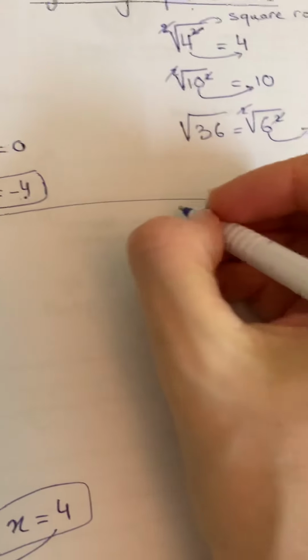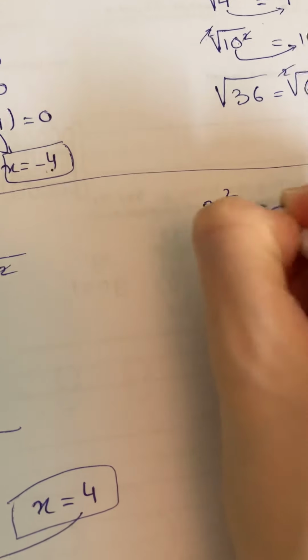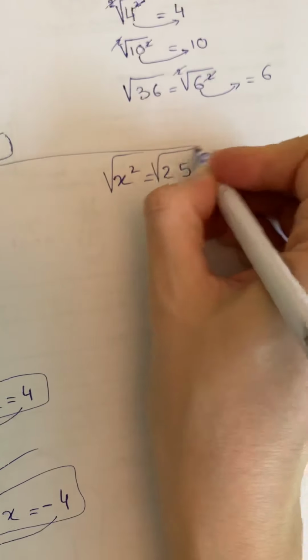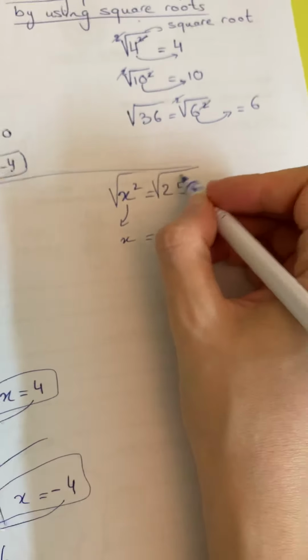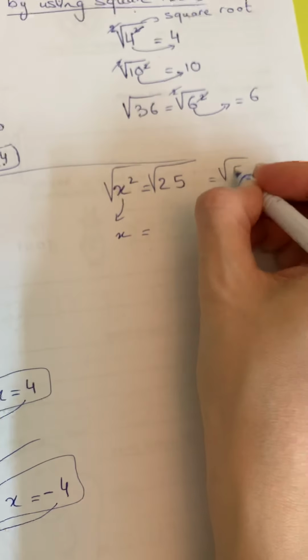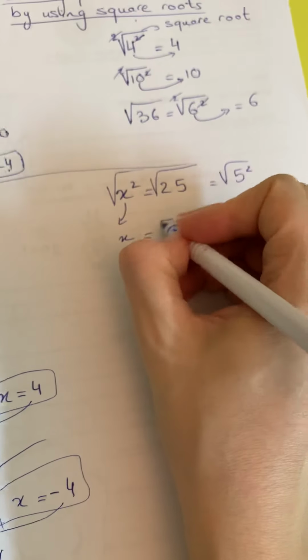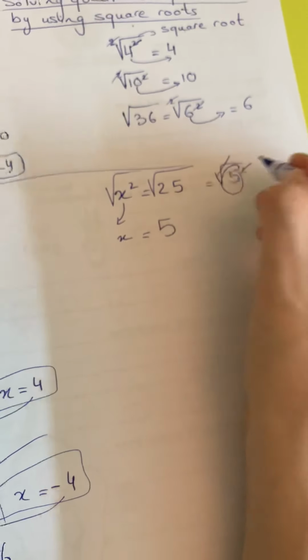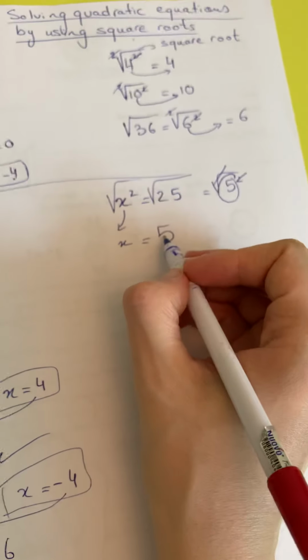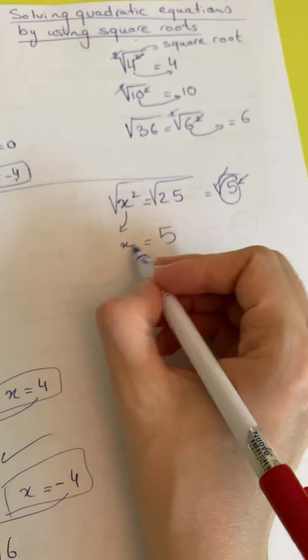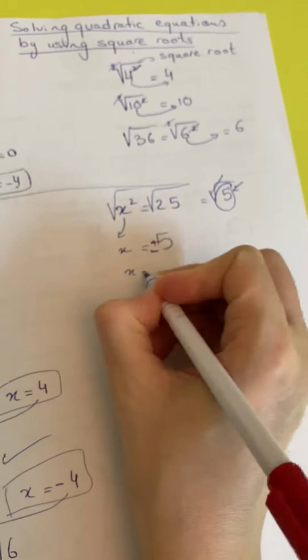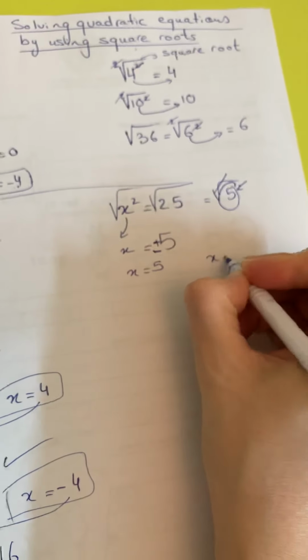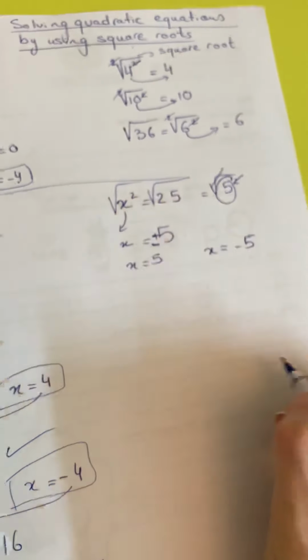For example, what do I mean? If you have x power 2 equal 25, you will put the square root here and the square root sign here. This will give you x, and this is the square root of 5 power 2, so it will give you 5, because the 2 and the square root cancel each other. Now, you don't say the solution is x equal 5, it's positive 5 and negative 5. X can be 5 and x can be negative 5.